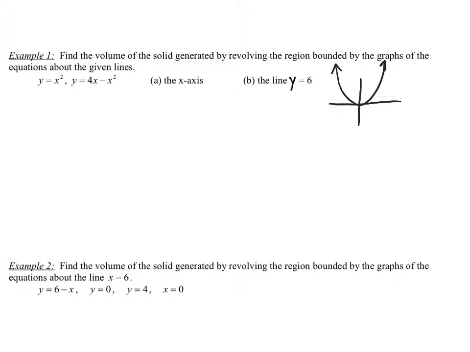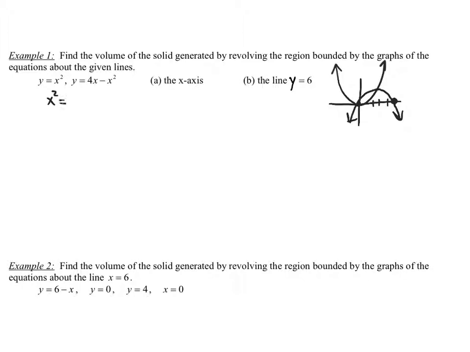So that has zeros at 0 and at 4. And it's a parabola opening downward, so it should look like this. By the way, I already know what one of the intercepts is: it's 0. One of those intersections is at 0.